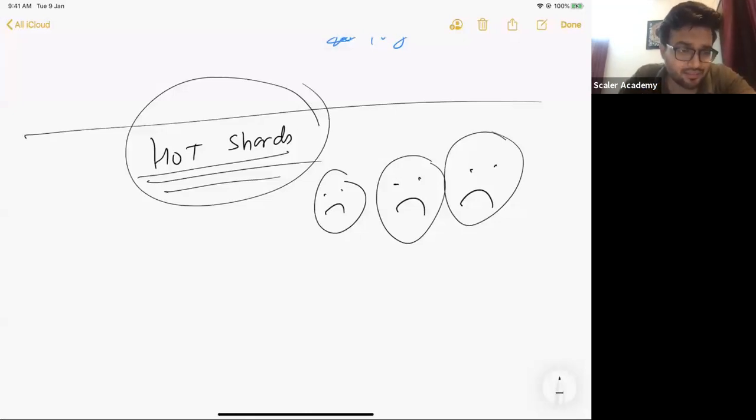Does that make sense? But just because you are sharding based on time, that does not necessarily create a hot shard problem. Just because you have data based on time, that does not necessarily create a hot shard problem. Just because you are using a range key as a partitioning strategy, that does not make it a hot shard problem. Does that make sense to you, Neeraj? No single thing creates a hot shard.